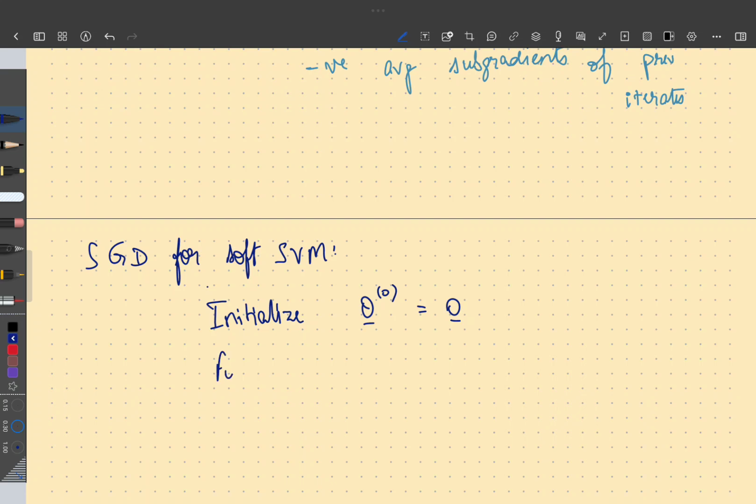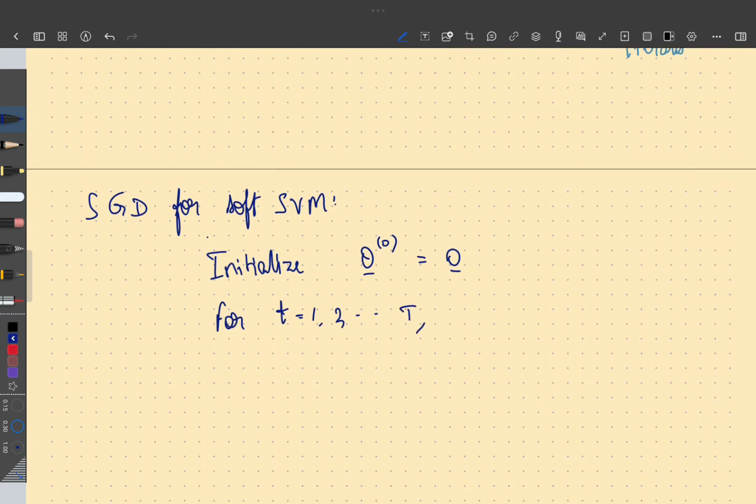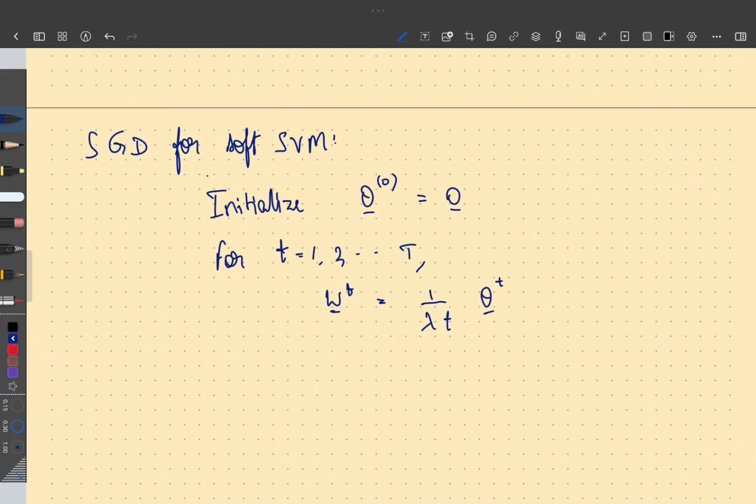And at each step up to T, we'll set w_t to be equal to 1 over lambda t times theta_t. Okay, and how do you choose theta_t, or let's say theta_{t-1}?